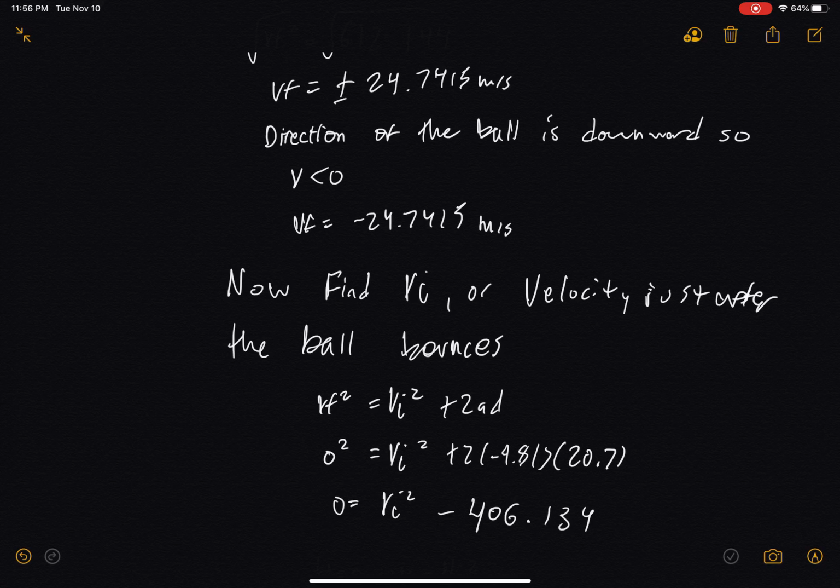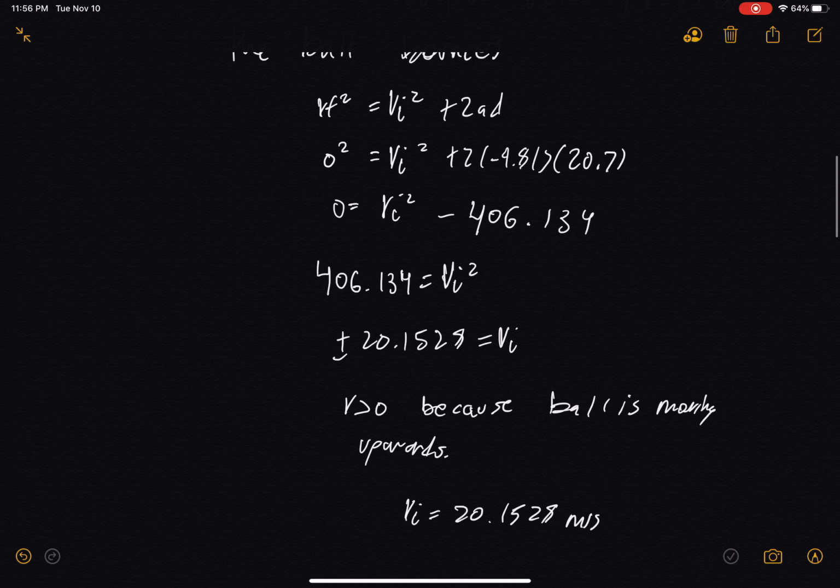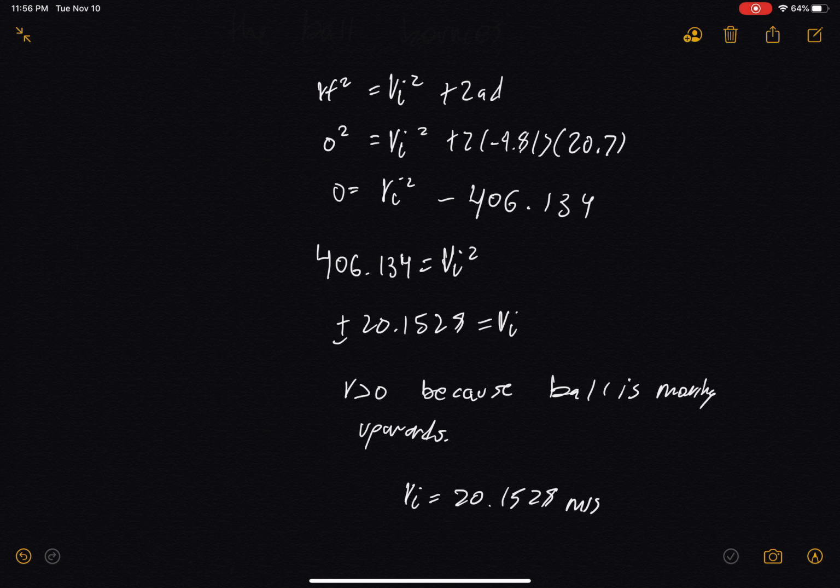Now we need to find the initial velocity, the velocity just after the ball bounces. We use the same kinematic equation, and this time the final velocity is 0 because when the ball reaches the apex of its motion, it has a velocity of 0. So we plug in our acceleration value. Acceleration due to gravity is negative 9.81 meters per second squared, times our distance upwards this time, which is 20.7.